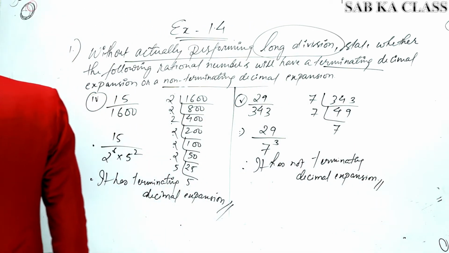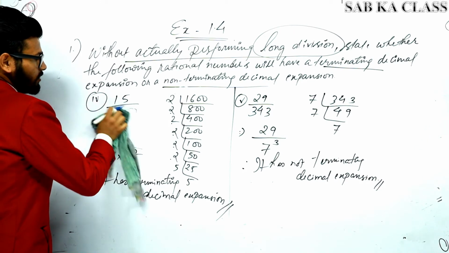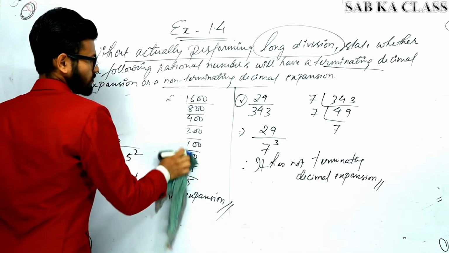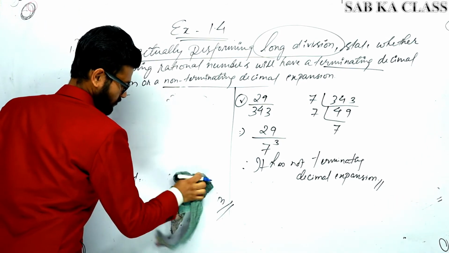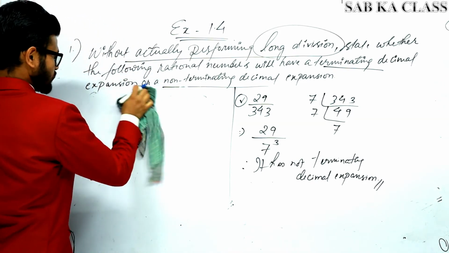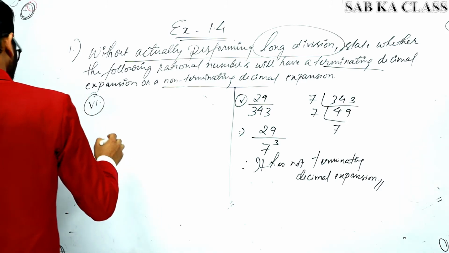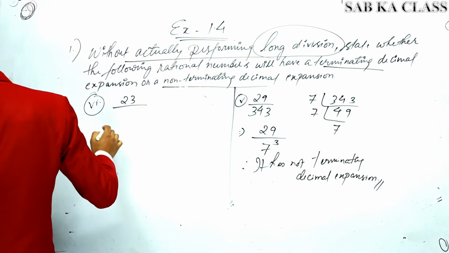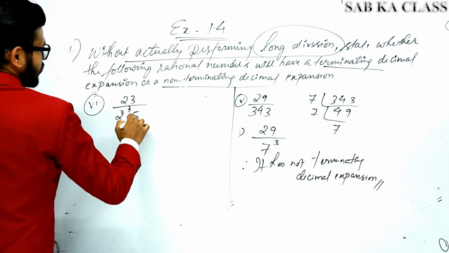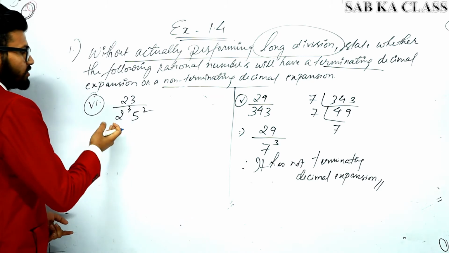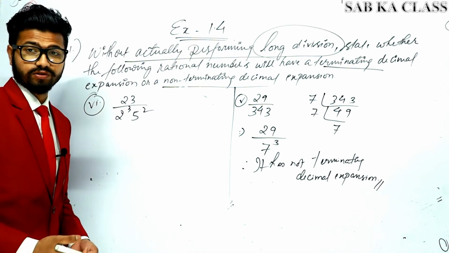Similarly, let us proceed to the next part, question number 6. It is 23 by 2 to the power 3 times 5 to the power 2. It is so clearly given here, we don't have to factorize it also.